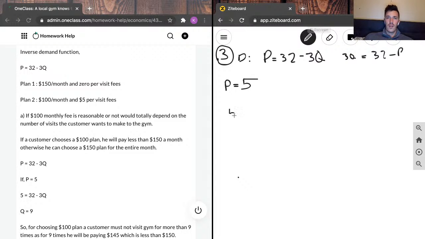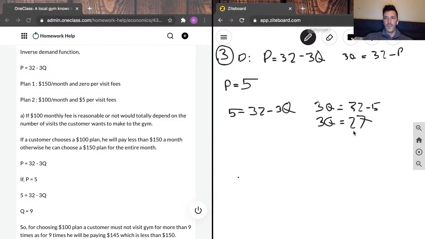As a result, 5 is going to equal 32 minus 3Q. 3Q is going to equal 32 minus 5. 3Q is going to equal 27, and our Q star is going to equal 9. 9 visits.